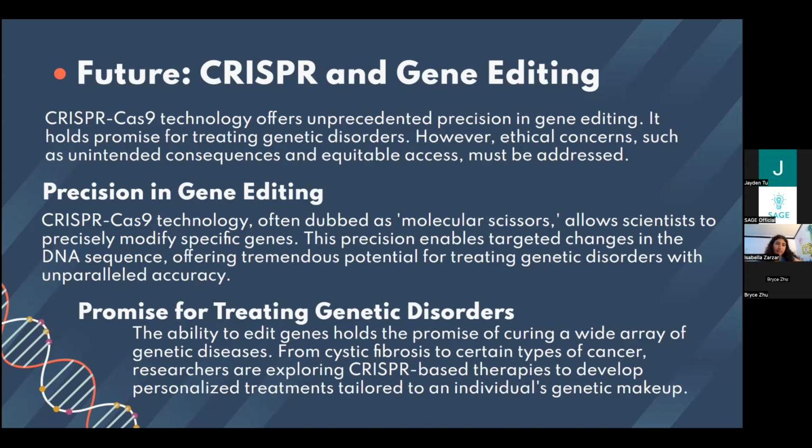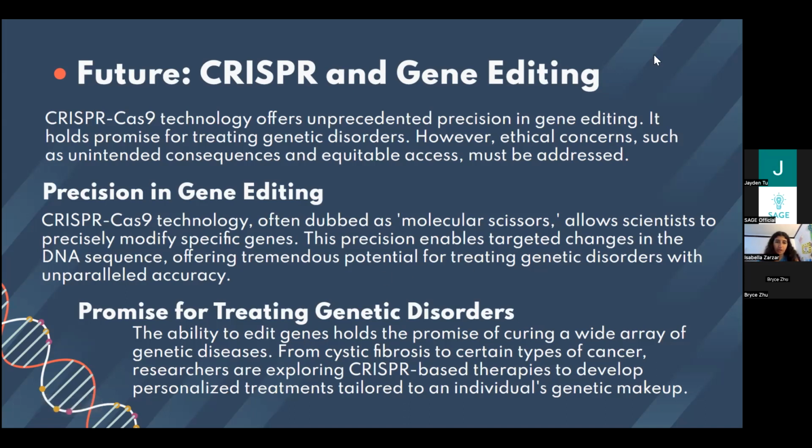This CRISPR technology is kind of called molecular scissors. It lets scientists precisely modify specific genes, so it lets us target changes in the DNA sequence like mutations. So we'll be able to treat genetic disorders a lot more easily.